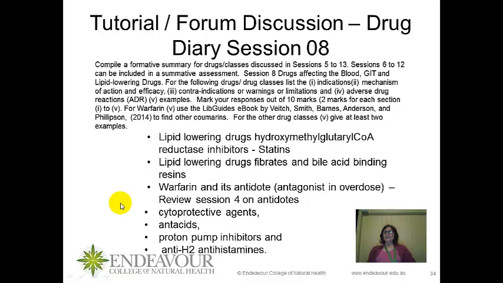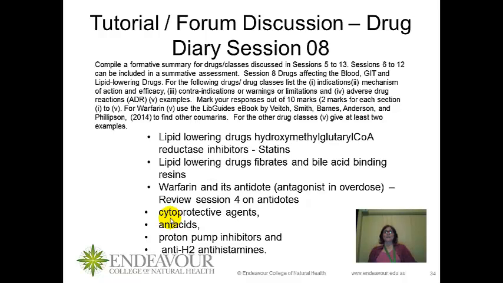Also, we said look at aspirin. It will not be included in the topics for the final assessment, but we will return to aspirin again as useful as an analgesic.